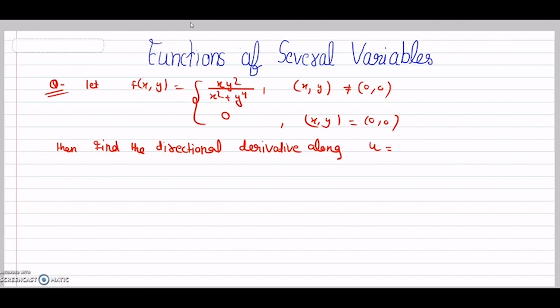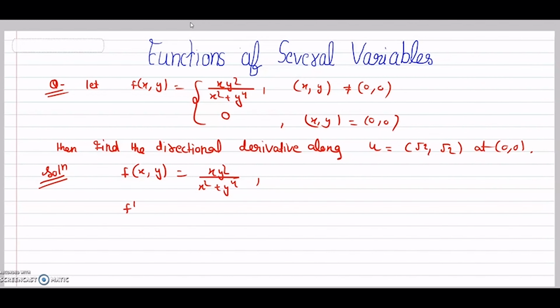Where u equals to under root 2 at point 0, 0. So f(x, y) equals to xy square upon x square plus y raised to the power 4.